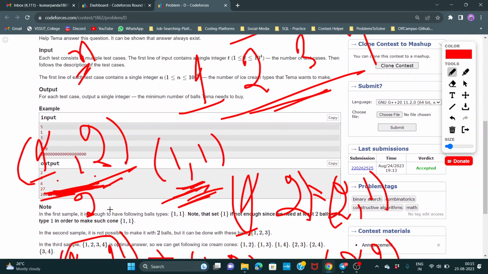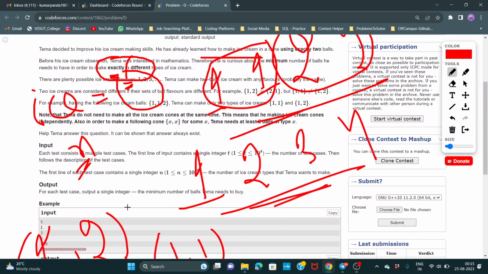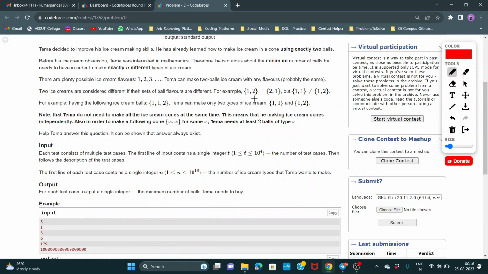So you can distinguish between two ice creams if the two sets are not the same, and don't think about any kind of order in this case. For example, these two sets are the same and these two sets are different. So in this case you can say that this is one single ice cream, and in this case this is two ice creams, right?